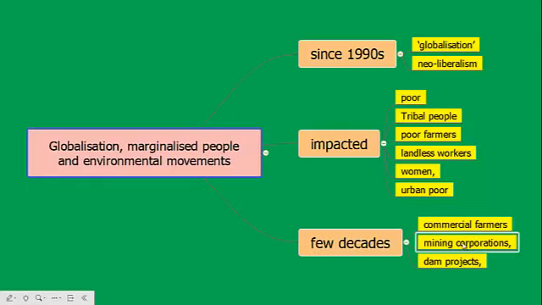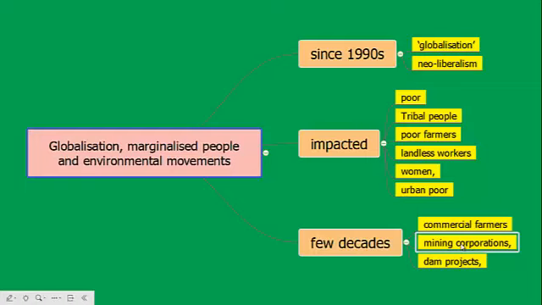As for mining corporations, most of the mines and natural resources are found in rural, remote areas. When they are found, the government attacks those villages and vacates all the people from that area. When they are displaced, they lose their employment as well as their identity. Everything is lost.